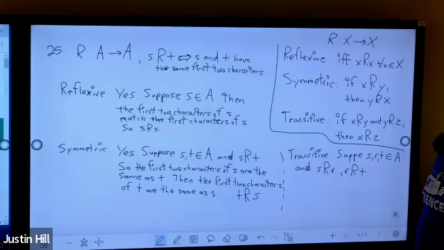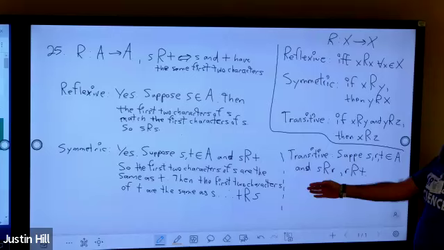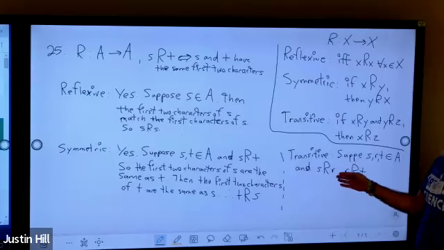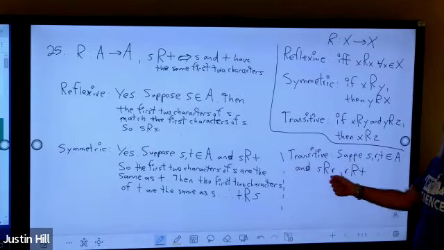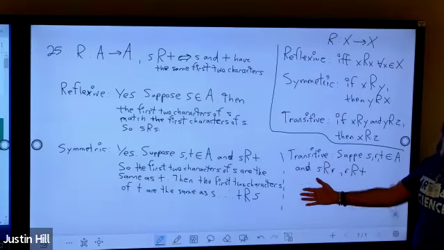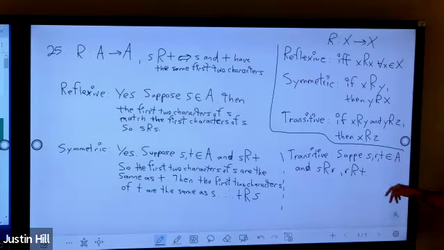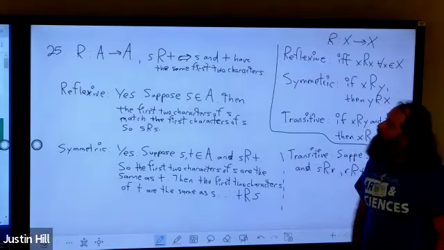Do we need to say much else? Well, you could just say something like, since the first two characters of S match the first two characters of R, and those first two characters match the first two characters of T, then the first two characters of S must match the first two characters of T. Therefore, S is related to T. You could say something like that, and that would be it.